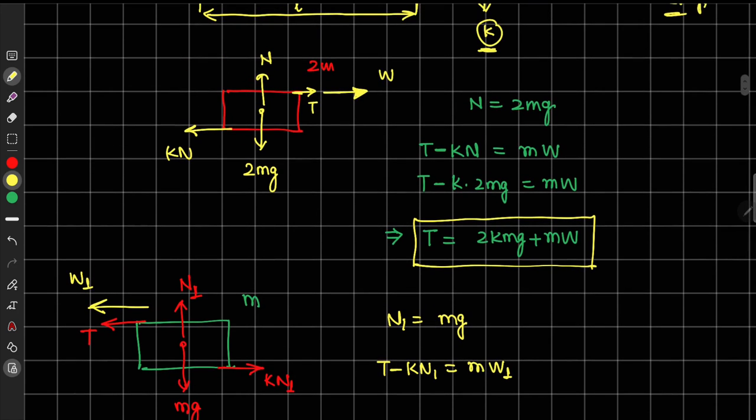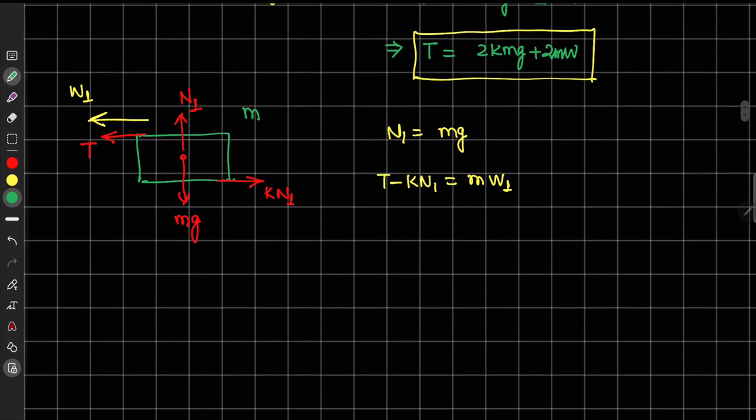I think we missed something earlier. It is 2m into w, because the mass is 2m, so the tension is 2kmg plus 2mw. So here we can write T minus K times N1, which we found to be mg, is equal to mass into w1, and then we substitute the tension force from above.